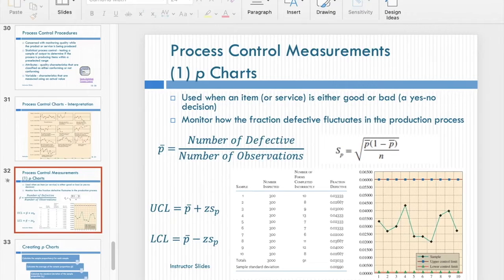Simply, it's 10 divided by 300, which is 0.03333. The second one is 0.02667. The third one is 0.03. And then you connect all of those different dots and get this plot.